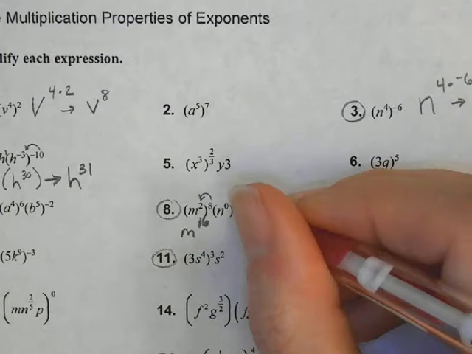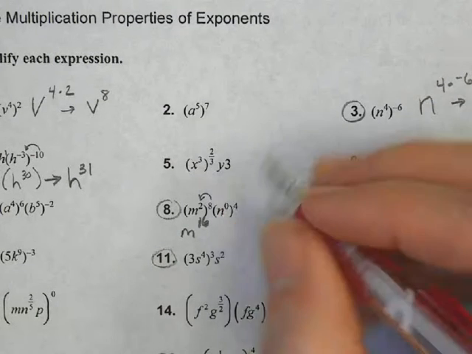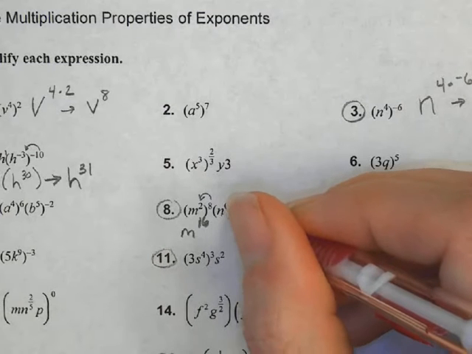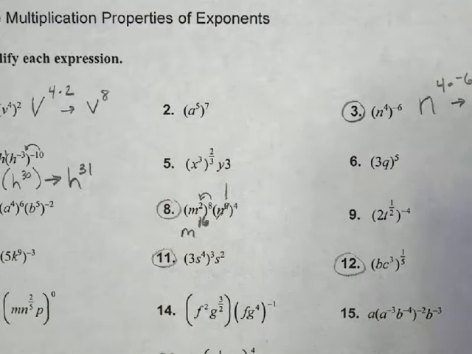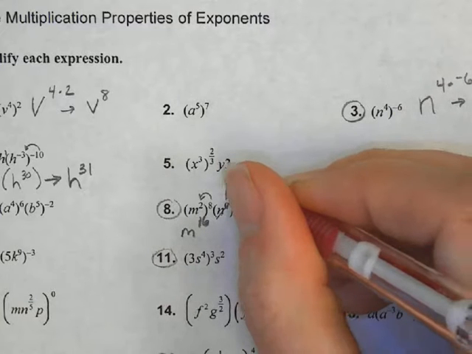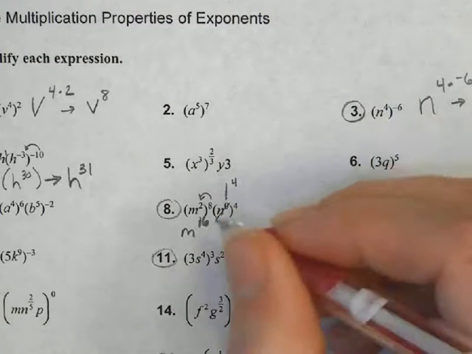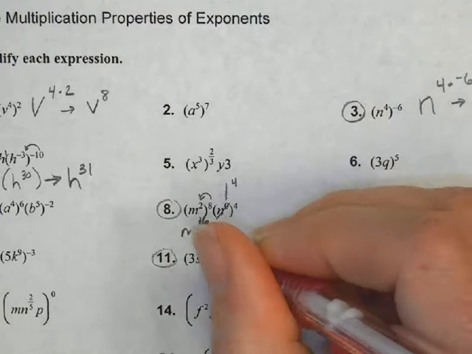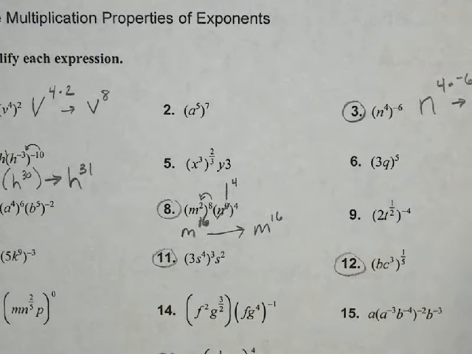Well, it's not 4 times 0 is 0. Don't do that, or you'll end up with nothing. Remember that anything to the 0 power is actually 1. So what I really have is 1 to the 4th power, which is still 1, which means this all just basically goes away, and I'm left with just m to the 16th as my answer there.